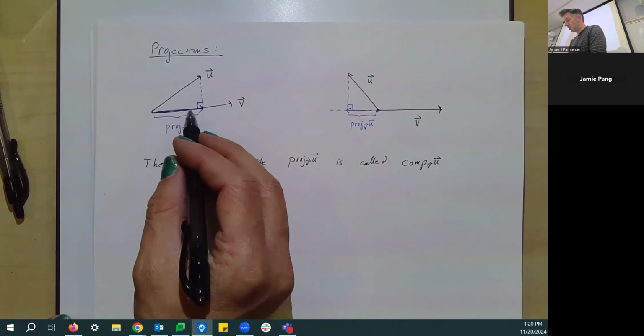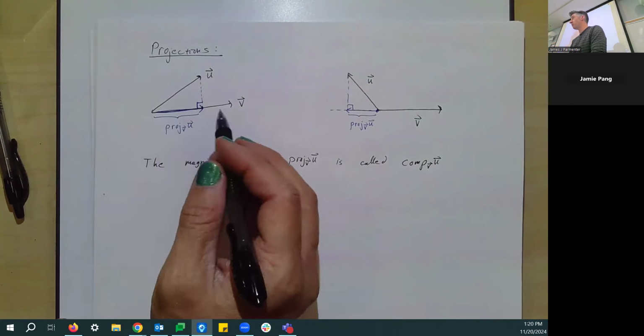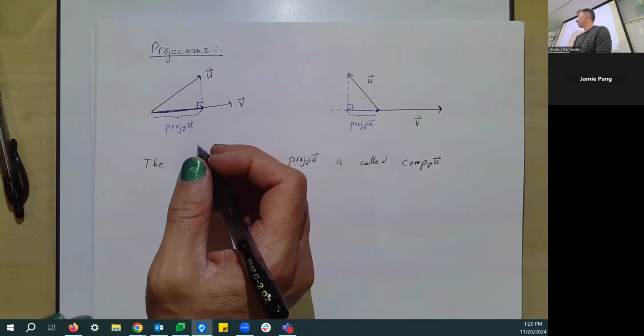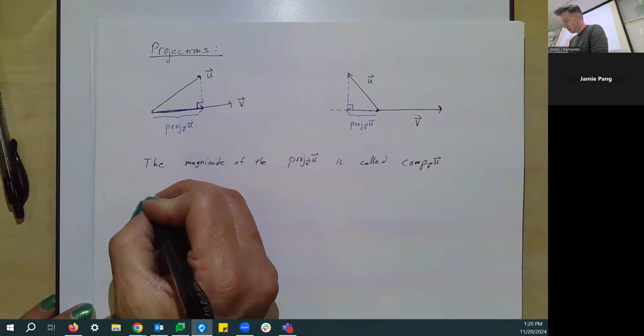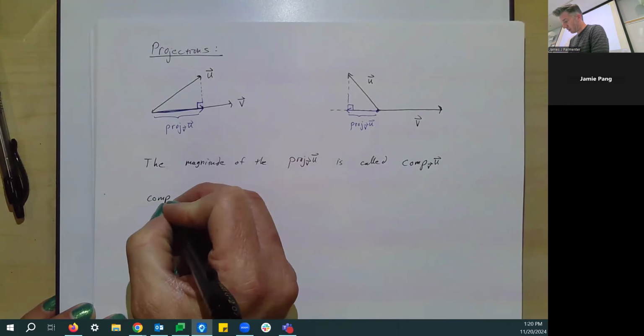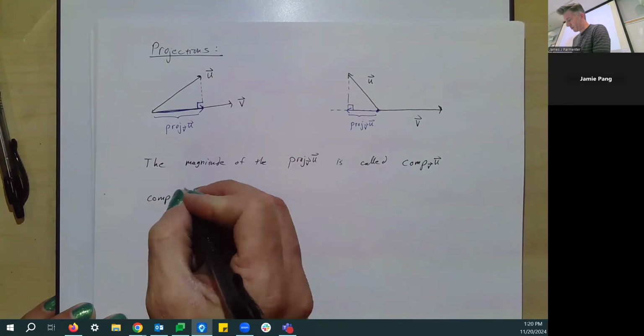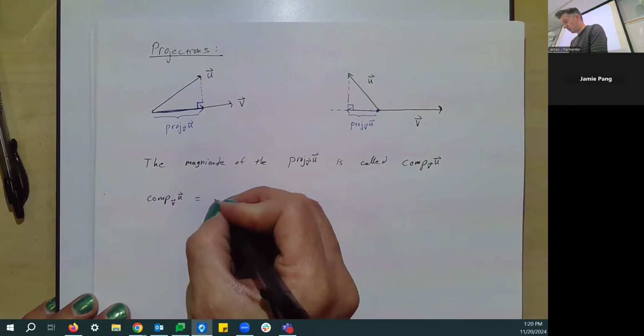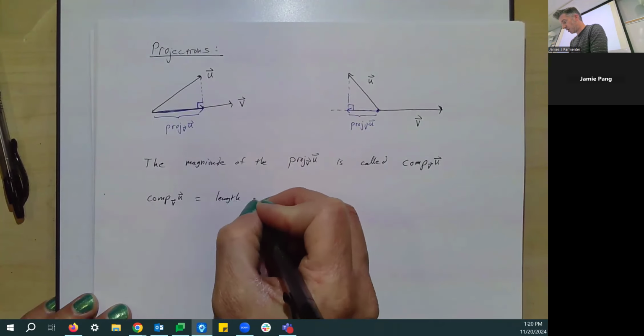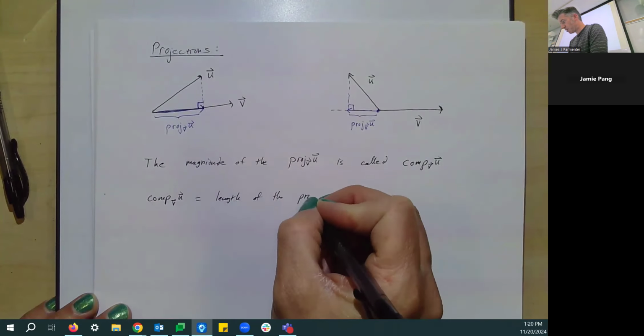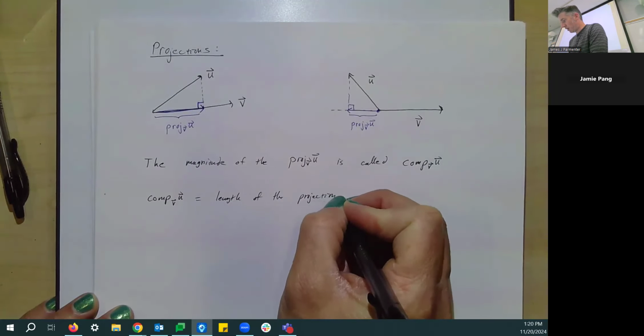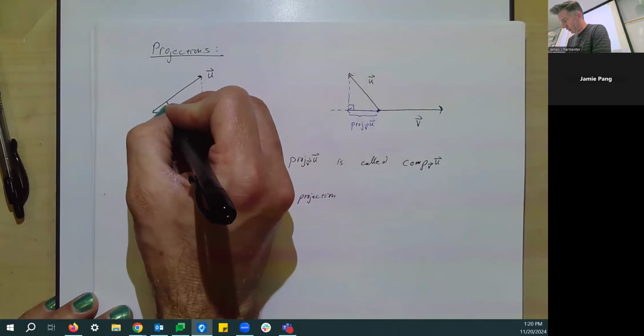So I'm going to start off by trying to find this projection vector by first just finding its length. So we're going to find the component of u onto v, just equal to the length of the projection. All right, let's use some trigonometry here. Let's call this angle theta.